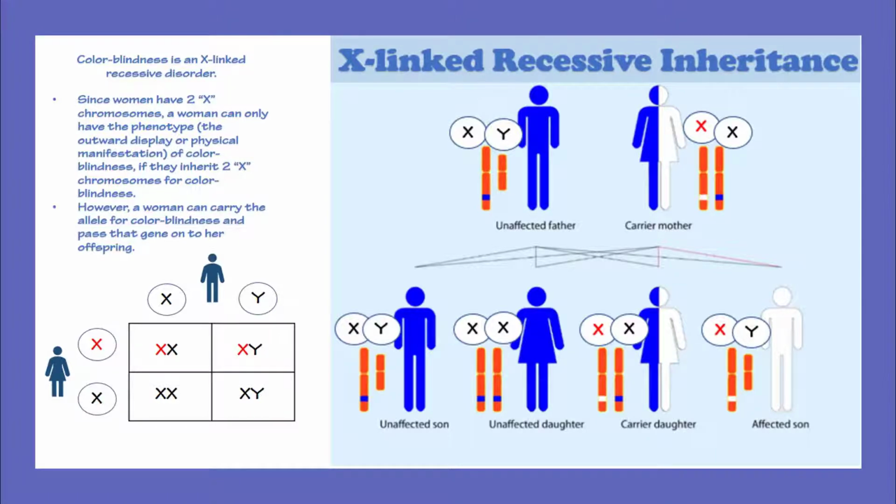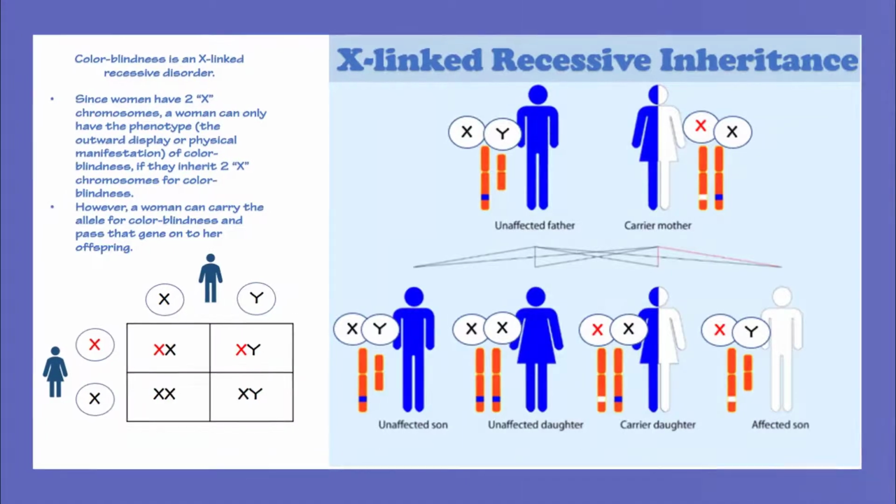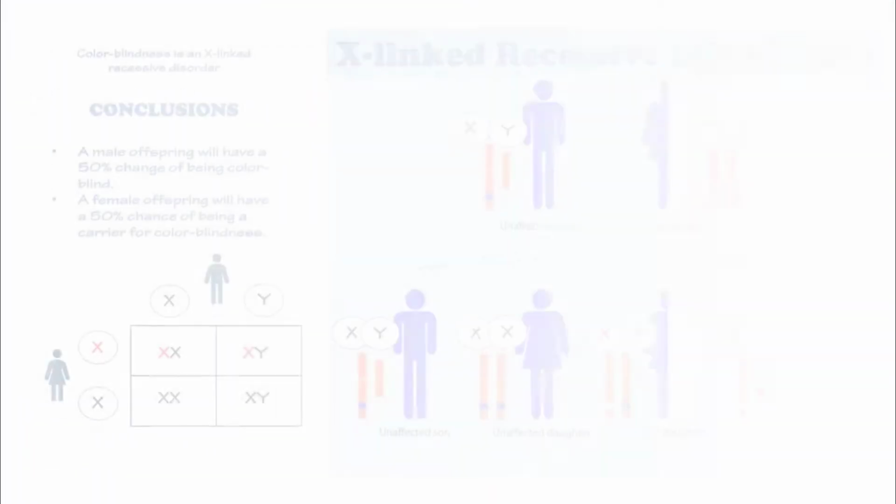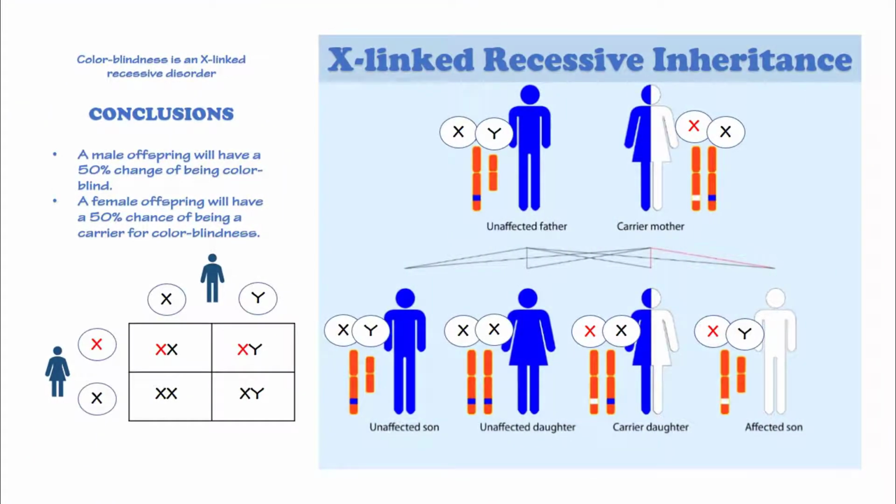When we fill out our Punnett square, we will find that the male offspring will have a 50% chance of being colorblind, and the female offspring will have a 50% chance of being a carrier for color blindness.